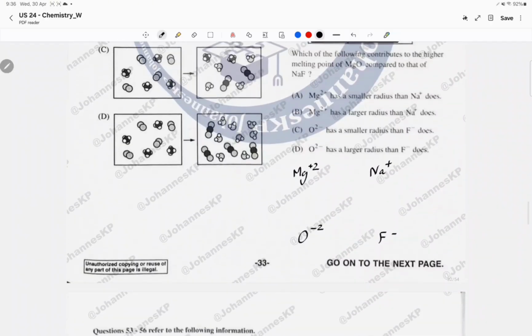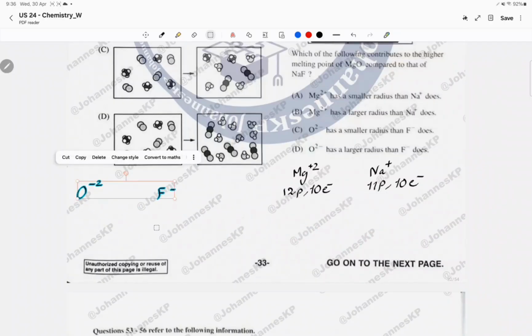So look, Mg2 plus has 12 protons and 10 electrons. Na plus has 11 protons and 10 electrons. How would you know which one has the larger atomic radius or the smaller one? There is something called effective nuclear charge. And the size is going to be inverse with this effective nuclear charge.